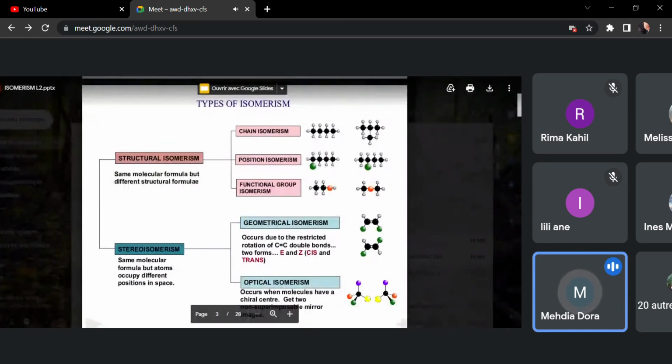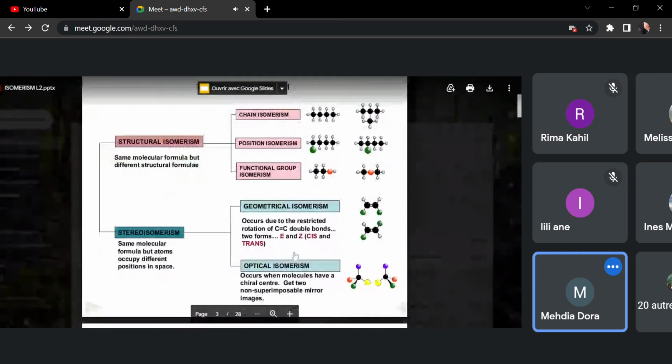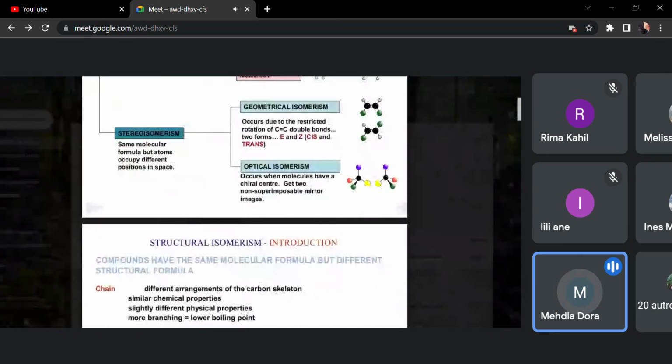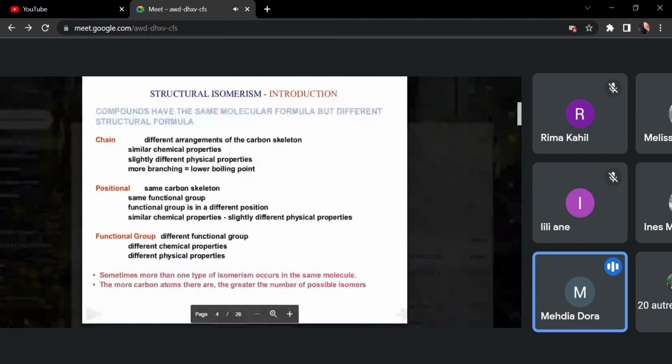Going to the fourth slide, please. So we have the introduction of structural isomerism. These are compounds that have the same molecular formula but different structural formula.